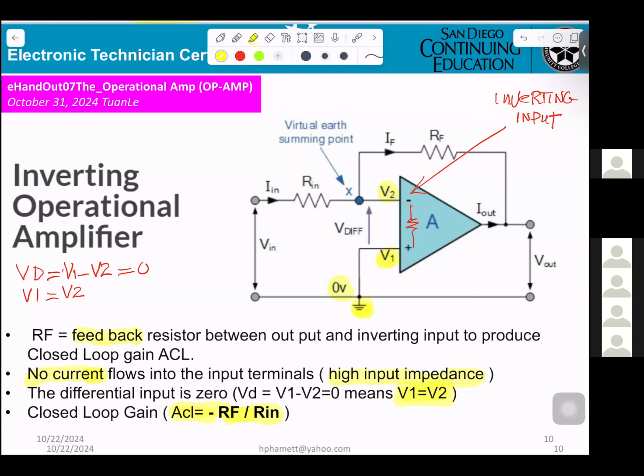That will be telling you V1 and V2 are the same. So that also the root is 0 volt. Okay? That's what you have to know. And this root here, they give a different name. They call it a virtual root.